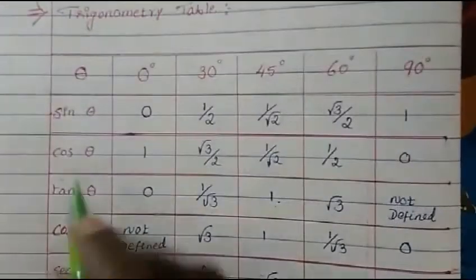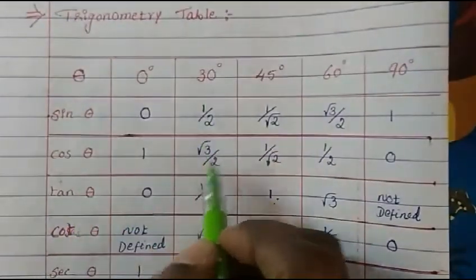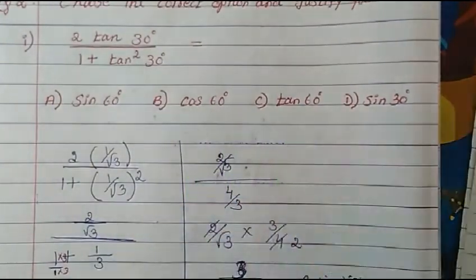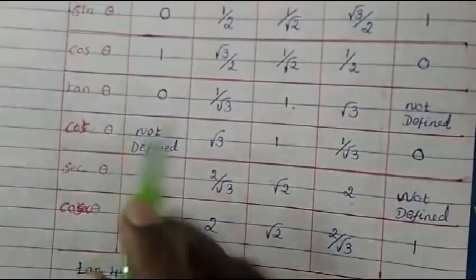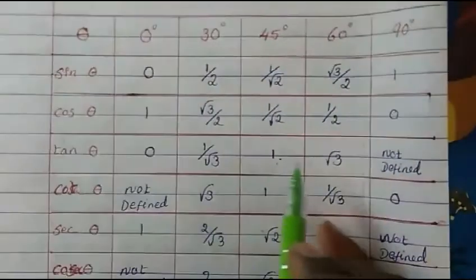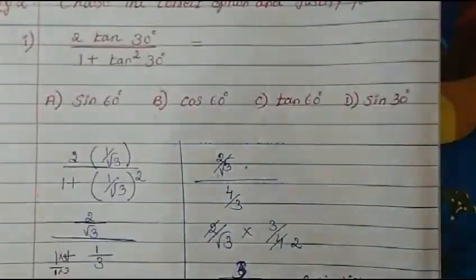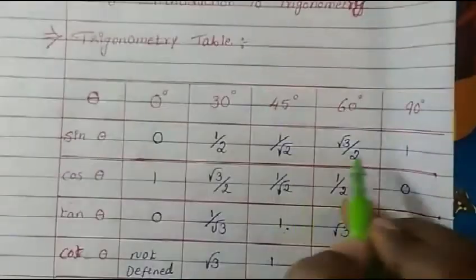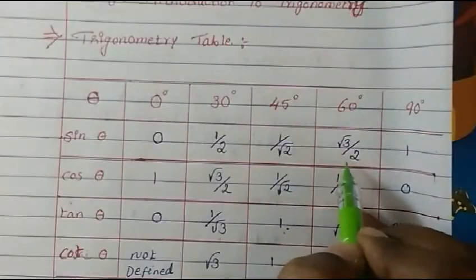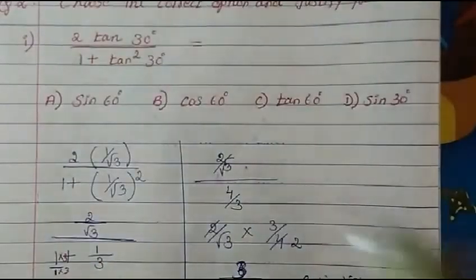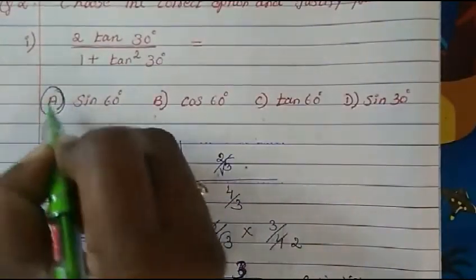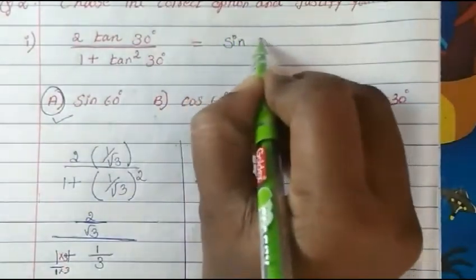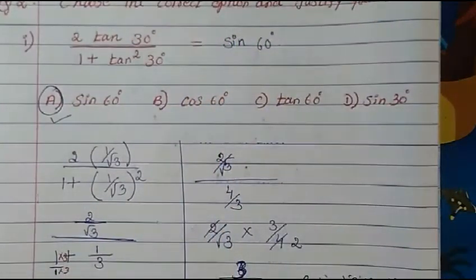Tan 60 is root 3. So that also doesn't suit. Sine 30 also no. So sine 60 is root 3 upon 2. So sine 60 is the correct answer.